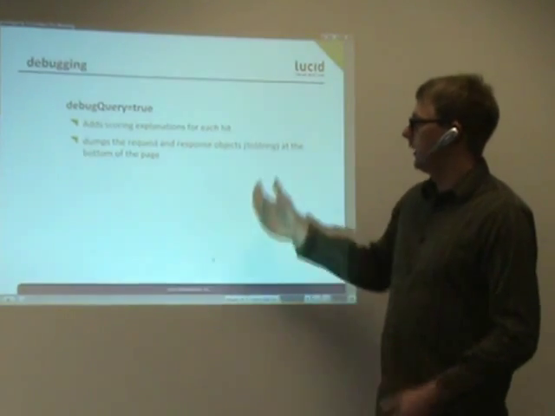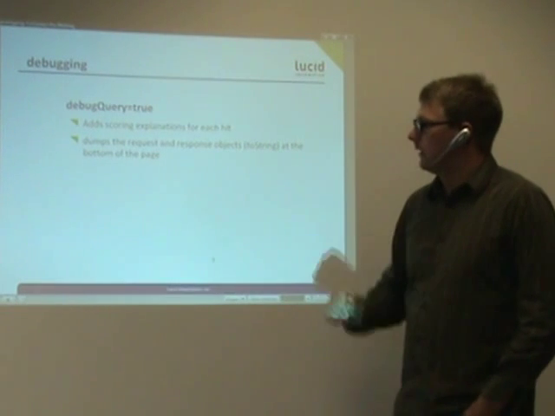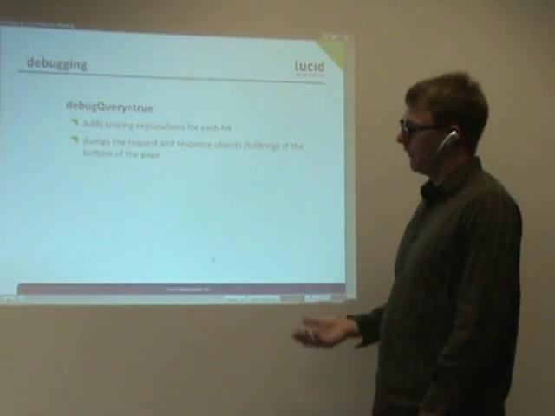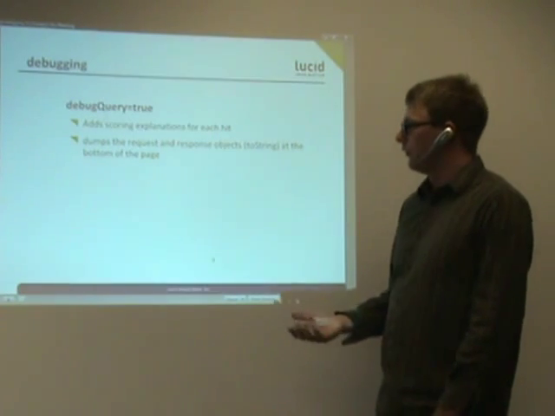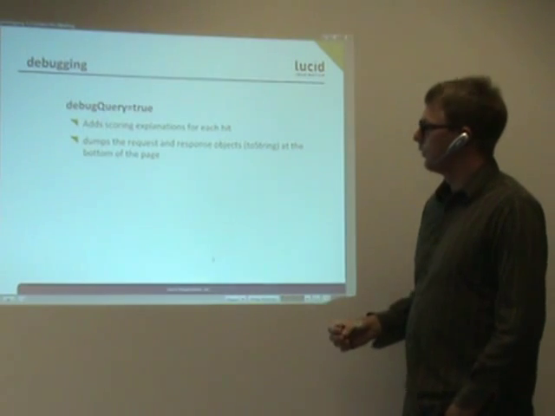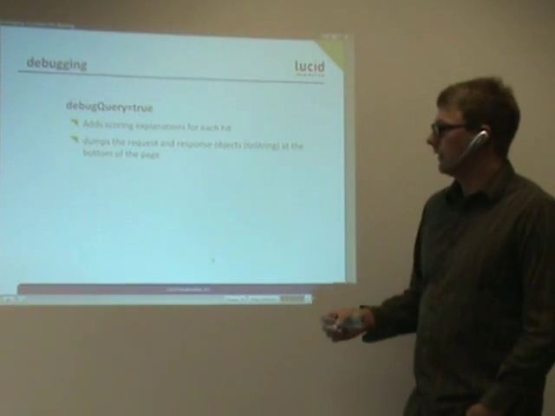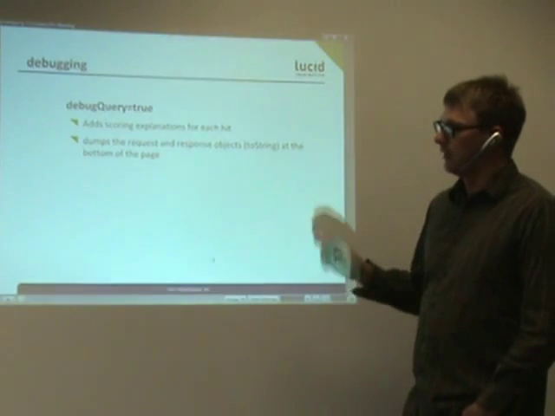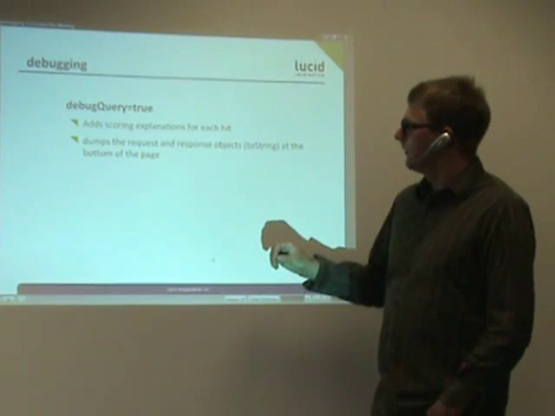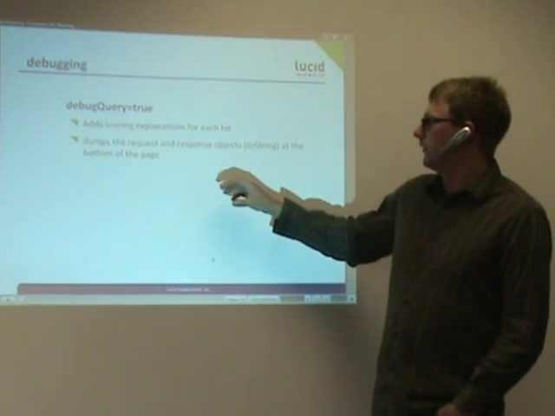Solaritas, the Velocity Response Writer, has some debugging capabilities in there. So if you use Solr's debugQuery parameter equals true, the user interface will adjust slightly and allow you to see the scoring explanations for each one of the hits. It gives you a little bit of JavaScript hide and show for those explanations, so it doesn't clutter up the results.